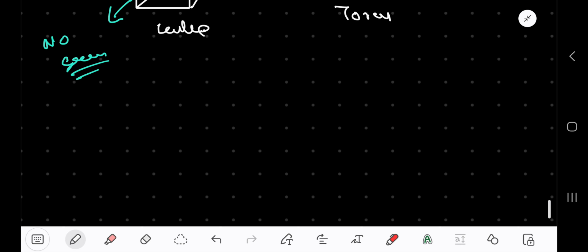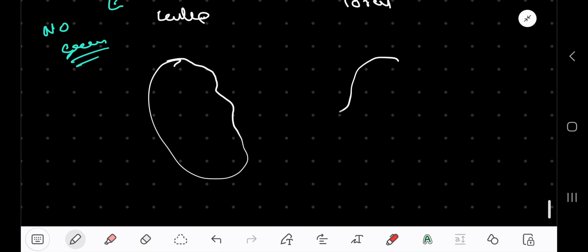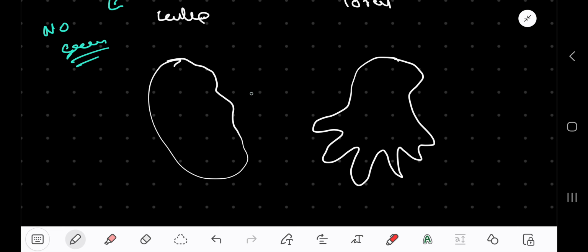While if you talk about something like that, let me draw it a bit smooth, something like that, and you think of something like an octopus, then these two are diffeomorphic.